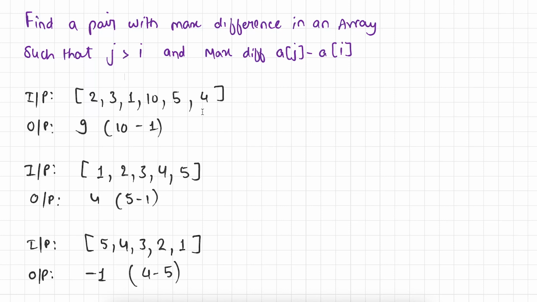So if you consider all the pairs, you are never going to get a maximum difference more than 9, because 10 minus 1 is 9. So this pair gives us the maximum difference, and any other pair gives a difference less than 9.